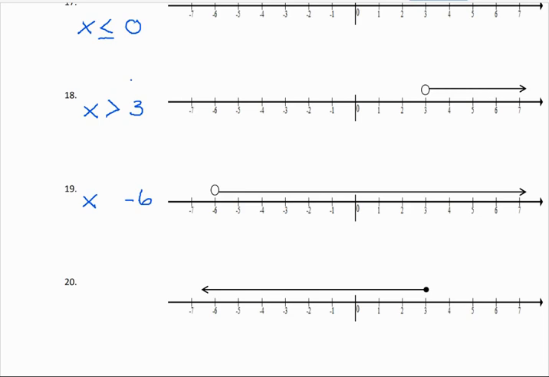We're pointing to the right, so we're greater than. And it's simply just greater than as well because there's no closed circle, so no line. And then number 20 is x and a 3. We're going to the left, so we're less than. But because it's a closed circle, we're less than or equal to.